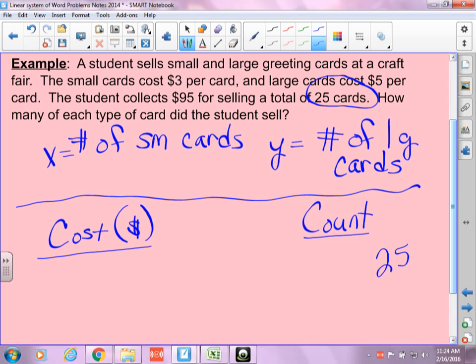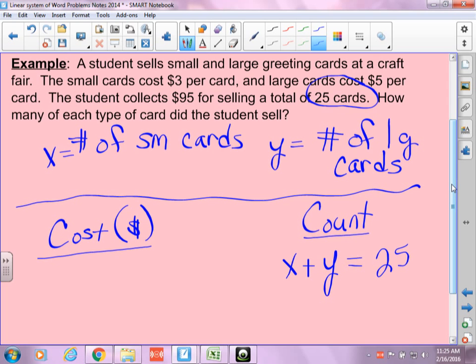Okay, how do I represent this to equal 25? The number of small cards, which is X, plus the number of large cards, which is Y, equals 25. So if I take the number of small cards and the number of large cards, it's going to give me a total of 25 cards.